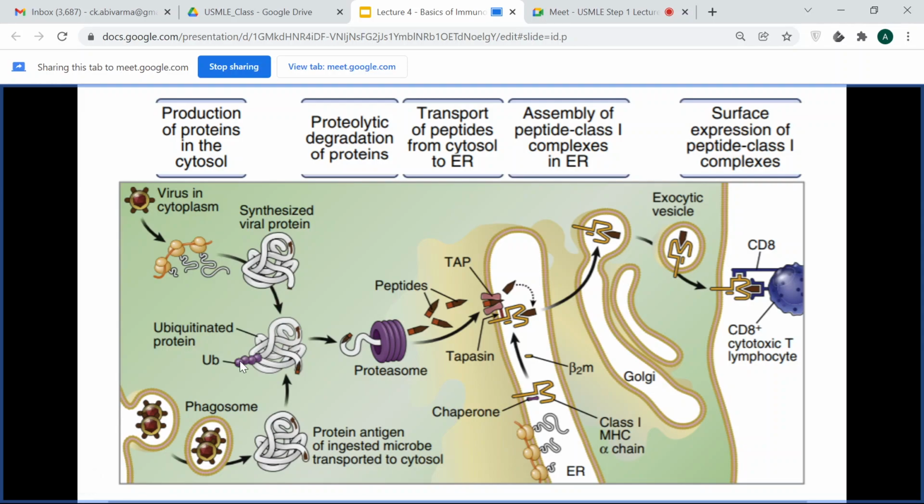From the first and second lectures, you guys remember the ubiquitin proteasome degradation pathway. It is meant to degrade intracellular proteins, basically. Once this viral protein gets tagged by polyubiquitination, the proteasome recognizes this tag and starts degrading it into oligopeptides.